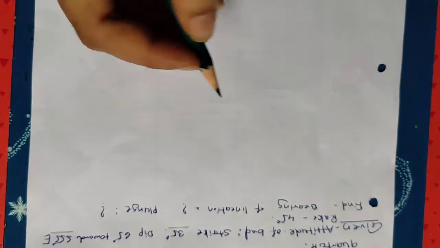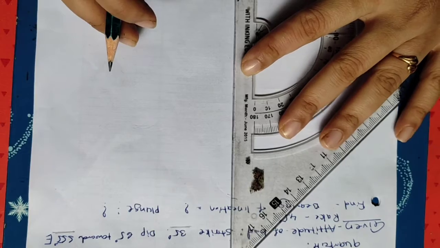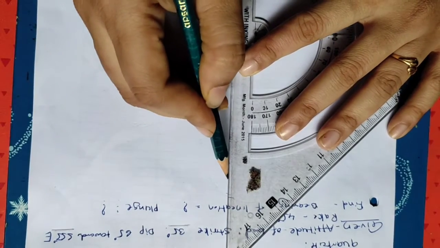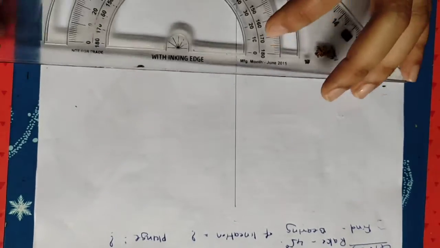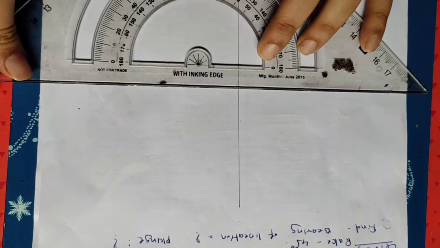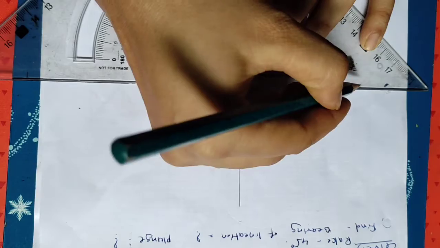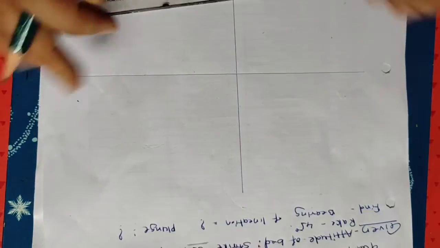To solve this, first we have to take the center O, and take the north-south and east-west directions and mark them.